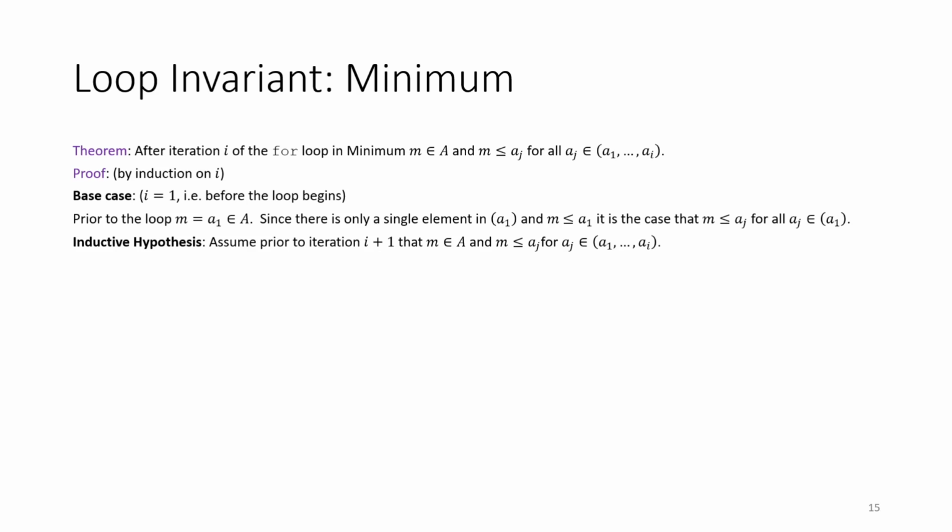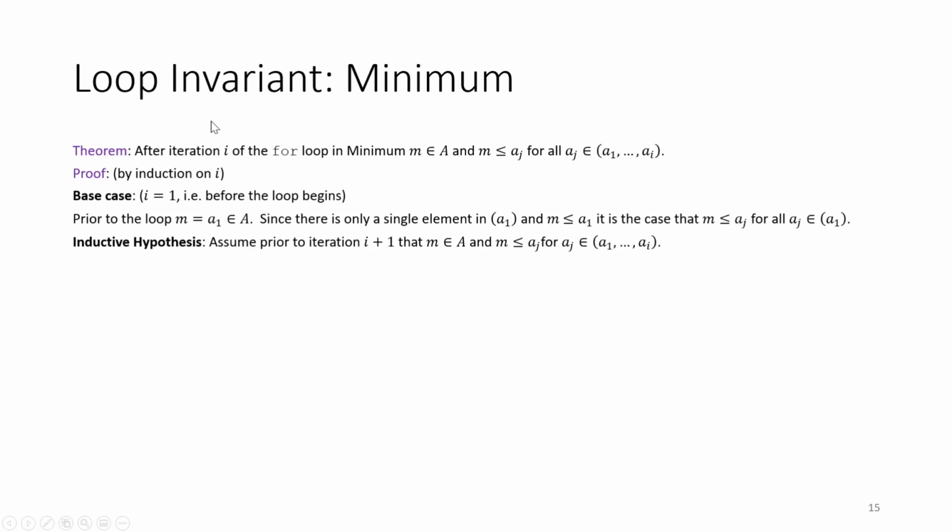So here what I'm saying is assume that prior to iteration i plus 1, the theorem holds. Now, prior to iteration i plus 1 is logically equivalent to after iteration i.